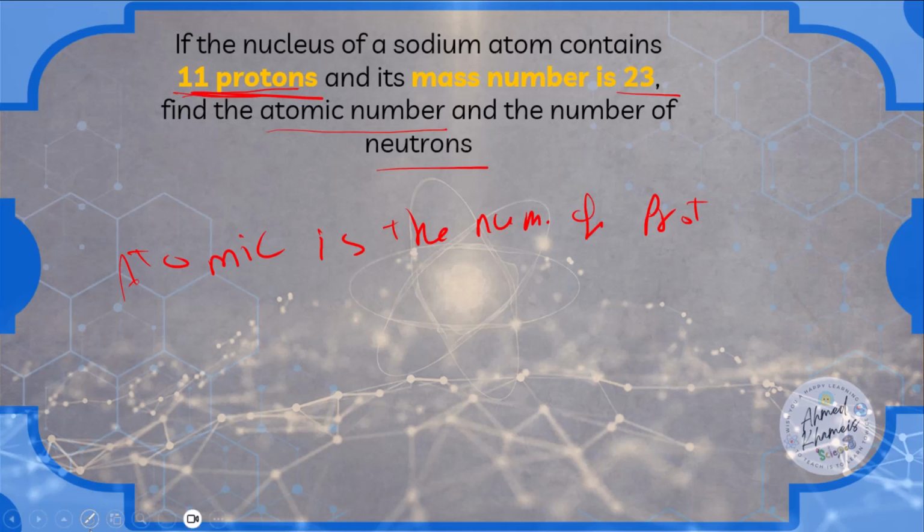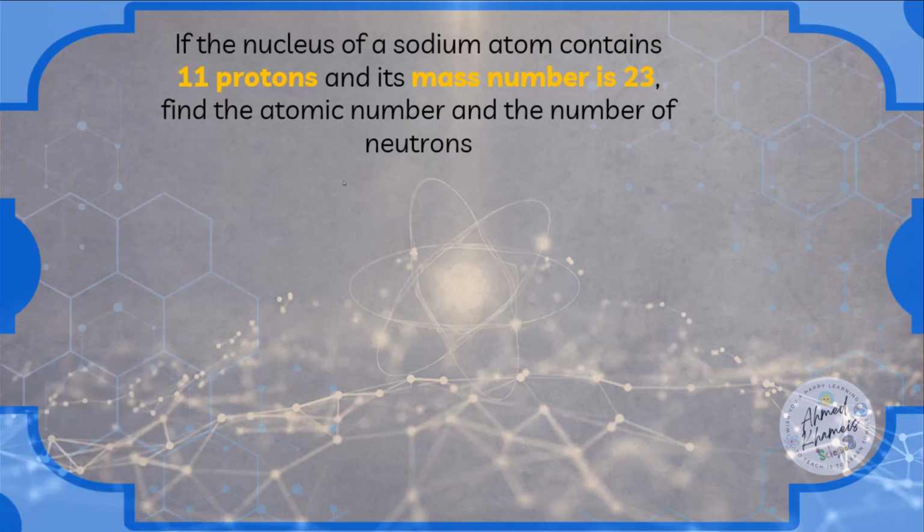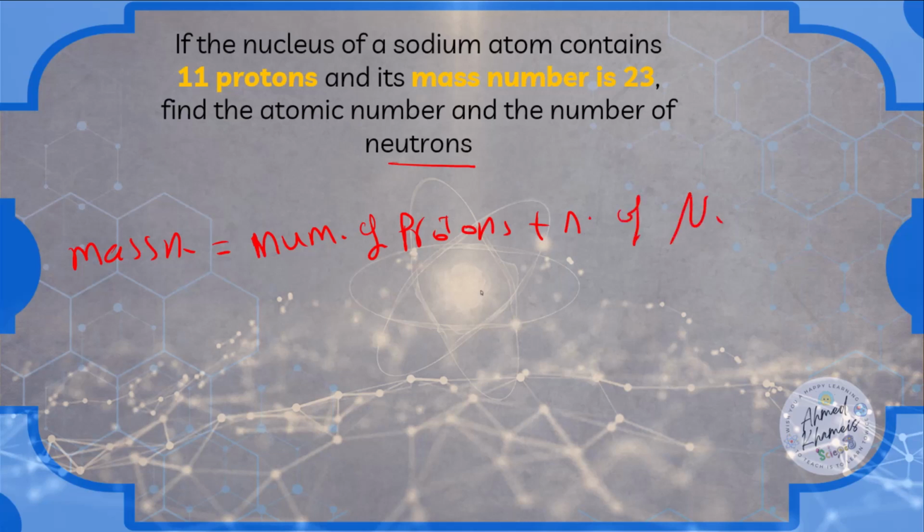Okay. Second, the number of neutrons. The mass number equals the number of protons plus the number of neutrons.